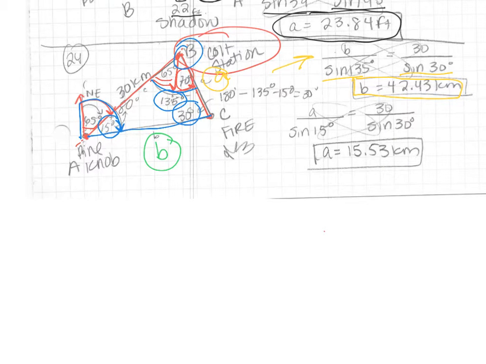And then if we want to find the distance from the Colt station, we can do little a, which we have, over angle A, which we have, is equal to little c over sine c, and we get distance A. So we have both distances. This is from Pine Knob to the fire, and this is from the Colt station to the fire.